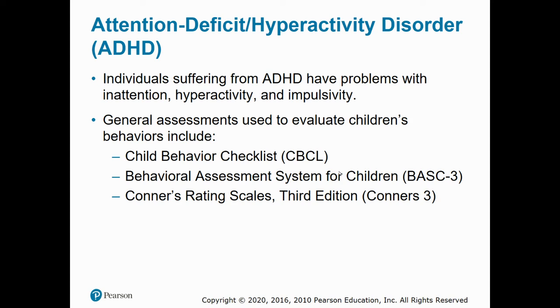If we're assessing someone who is ADHD, we know they're going to have issues with attention, hyperactivity, and impulsivity. Be prepared for that as you're going into the assessment. You may want to accommodate that in some way by breaking the assessment into smaller pieces. This also lists some of the assessments that are used to evaluate a child's behavior.